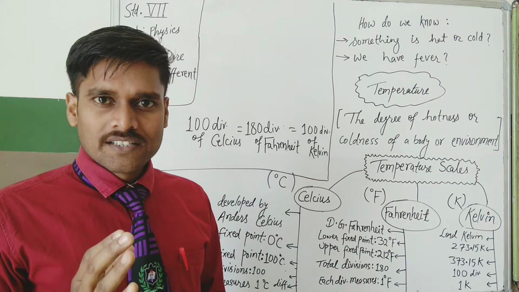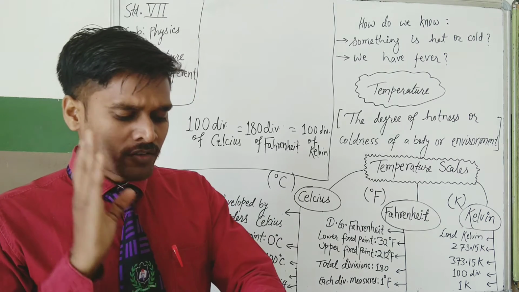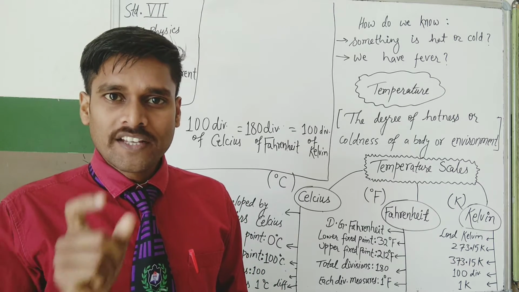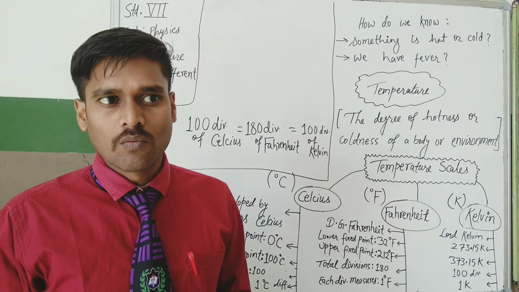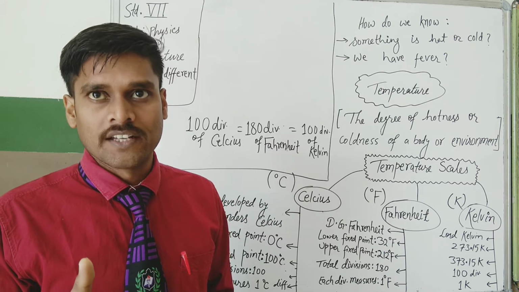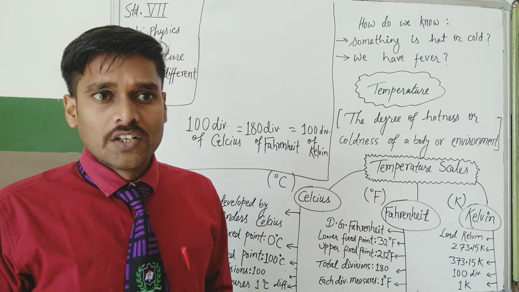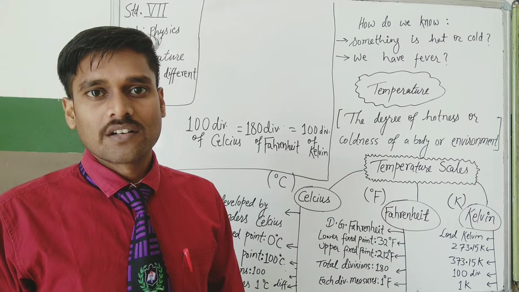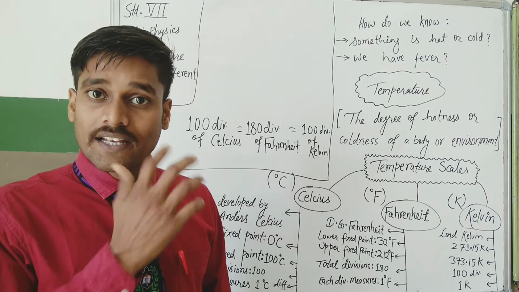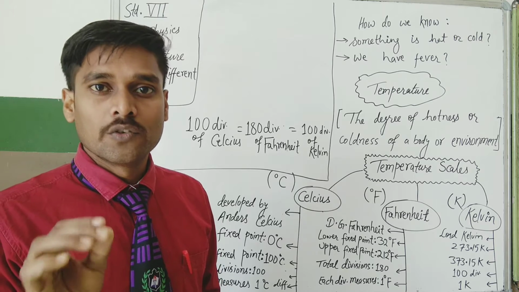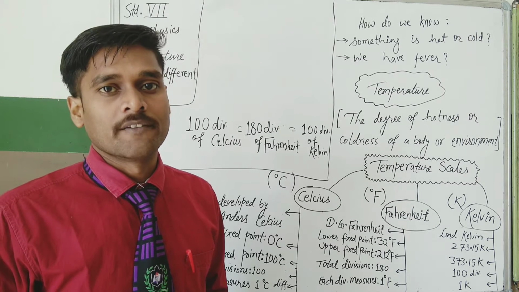So when your parents touch your wrist or your head, what are they feeling? They are feeling the hotness of your body. If they have any doubt regarding the temperature of your body, they use a device called a thermometer to measure it.